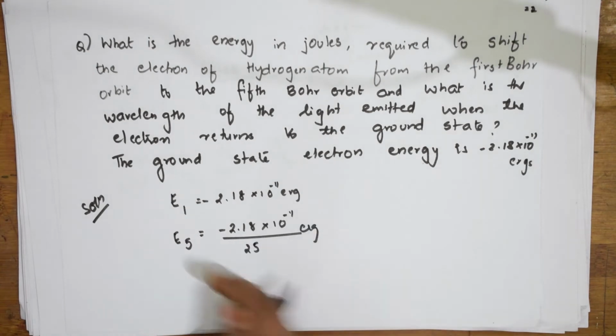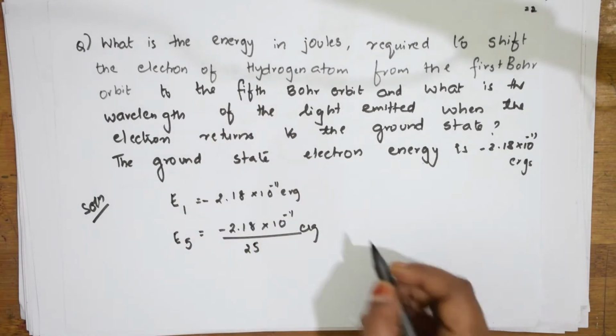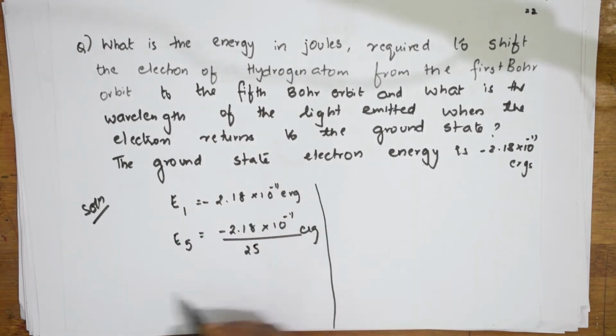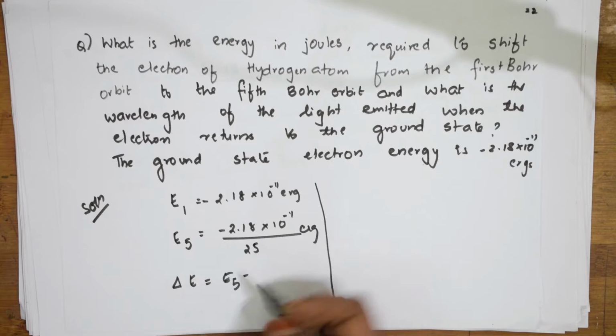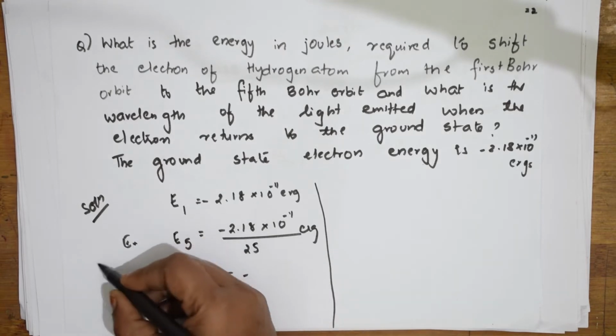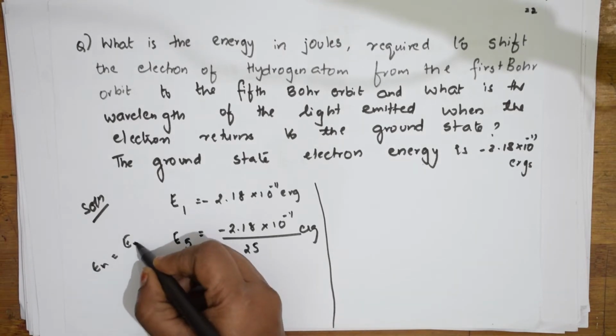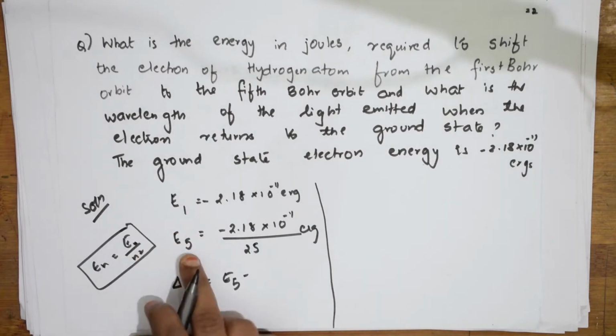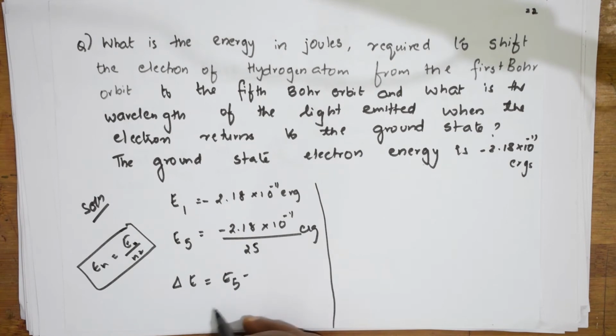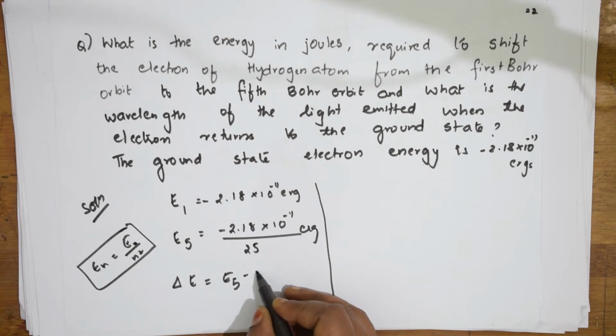Now I need to find the energy in joules. The formula related to this is delta E is equal to E5 minus E1. First we apply the formula En equals E by n square, which gives the energy of whichever energy level is given. After that, we do E5 minus E1.